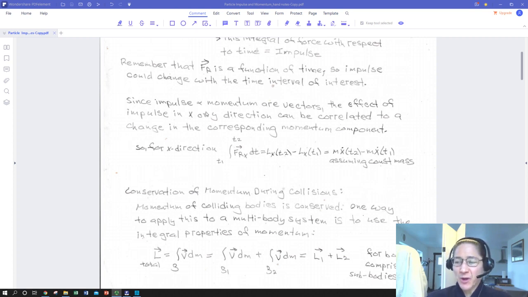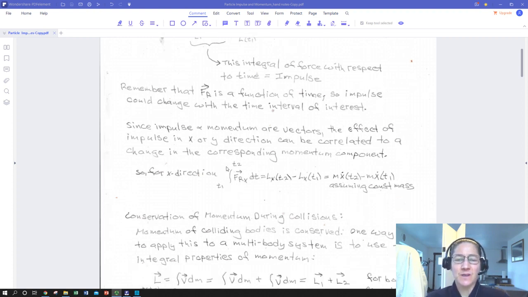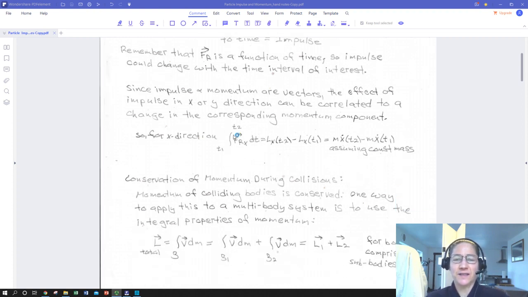The next thing to remember is that both L and F are vectors. So if a force impulse is only delivered, say, in the x direction, your momentum in the y is going to go unchanged. So these are separable by unit vectors in the orthogonal directions of whatever coordinate system you choose to use. So for instance, just as an example, here we have the force resultant, the component in the x direction.